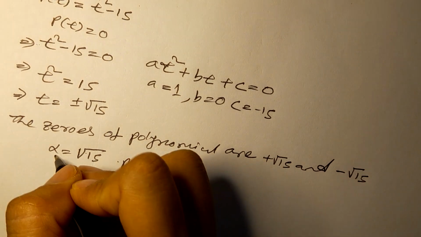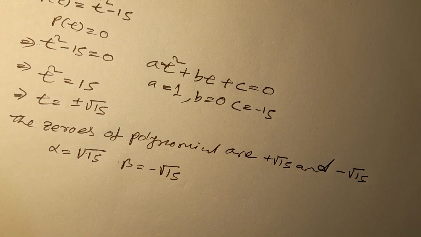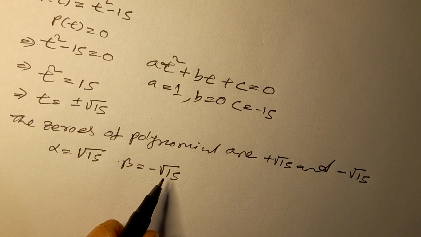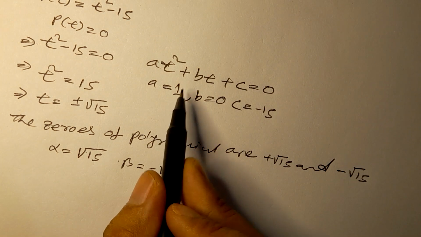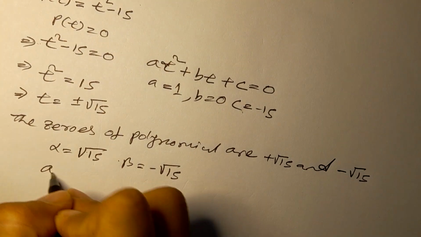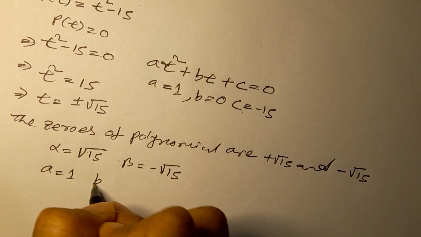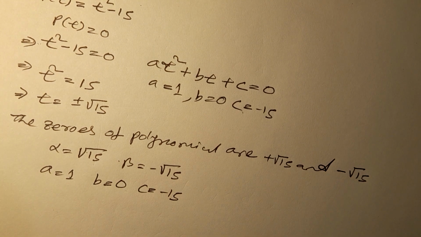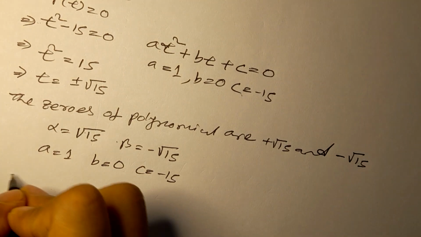We got the alpha and the beta. Now we have to find a relationship between the zeros of the polynomial and the coefficients of the polynomial. So these are the zeros and these are the coefficients a, b, c. We have the value of a as 1, the value of b is equal to 0, the value of c is equal to minus 15.